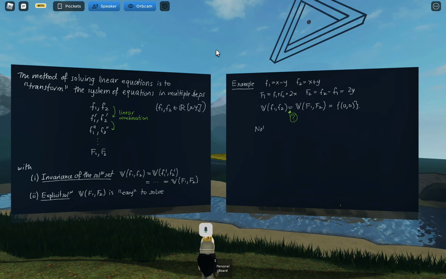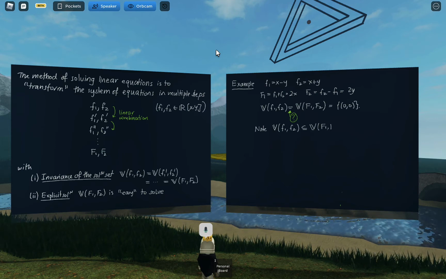Well, we know one way, right? That inclusion is what I stated two boards ago. If (A, B) is a solution of this, then it's a solution of F1, because F1 is a linear combination of F1 and F2.